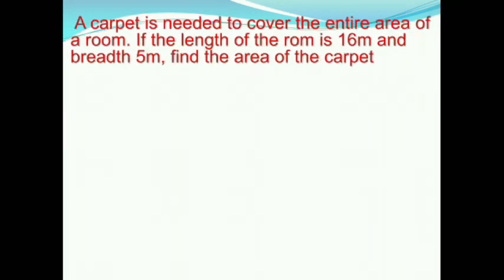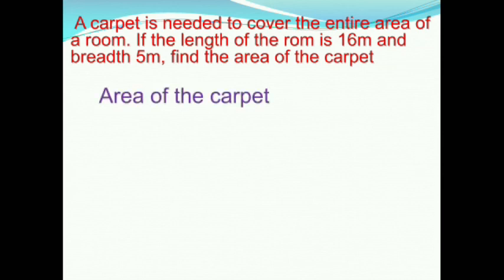Now we will solve the second one. First we should read the question. A carpet is needed to cover the entire area of a room. If the length of the room is 16 meter and breadth 5 meter, find the area of the carpet.